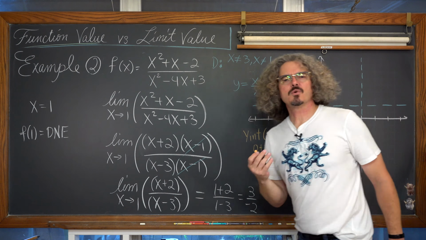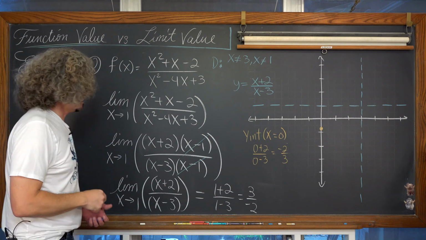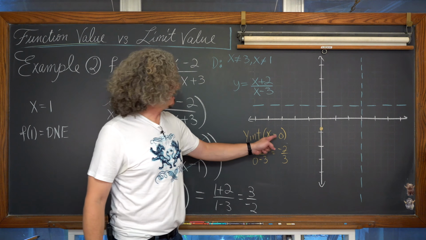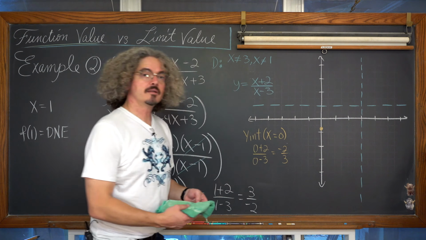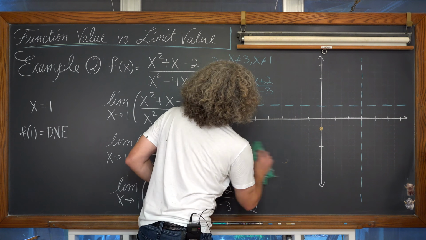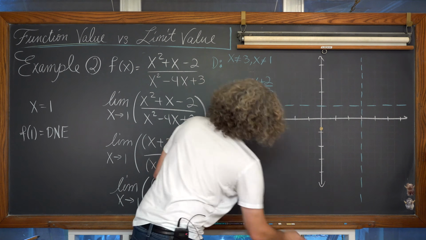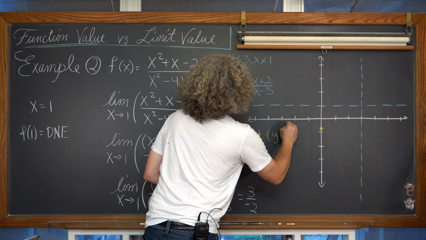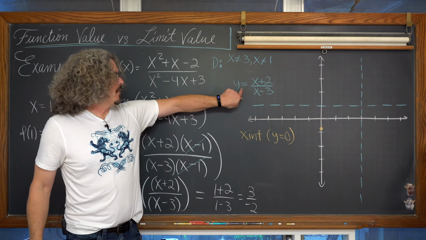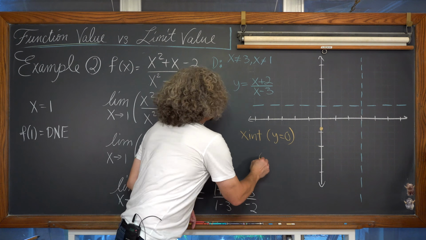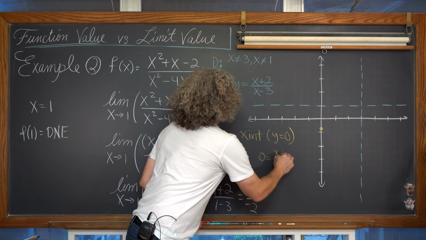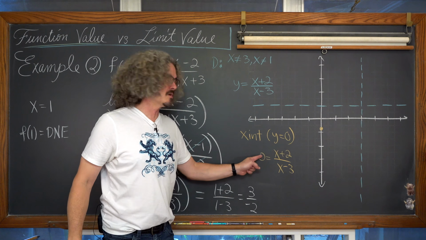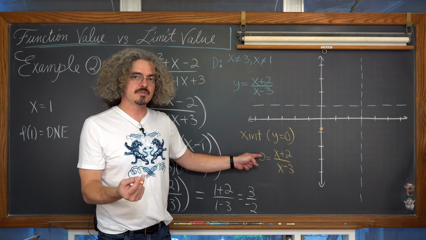Okay, let's go ahead and find an x-intercept. Now, if you find a y-intercept by letting x be 0, you find an x-intercept by letting y equal 0. Well, the only way you're going to figure this out, where 0 is equal to x plus 2 over x minus 3, the only way a fraction is going to be equal to 0 is if the numerator is equal to 0.